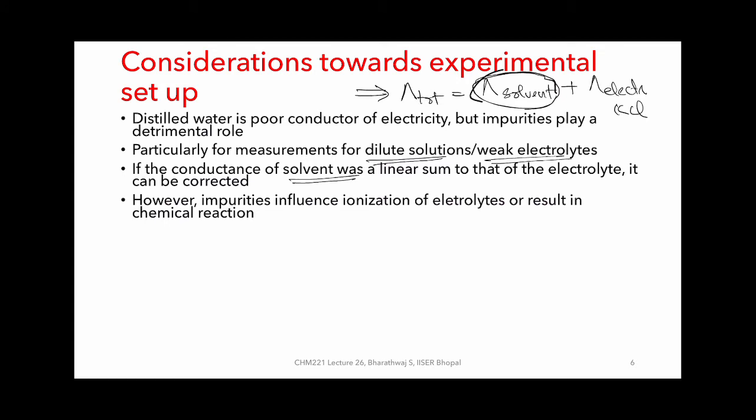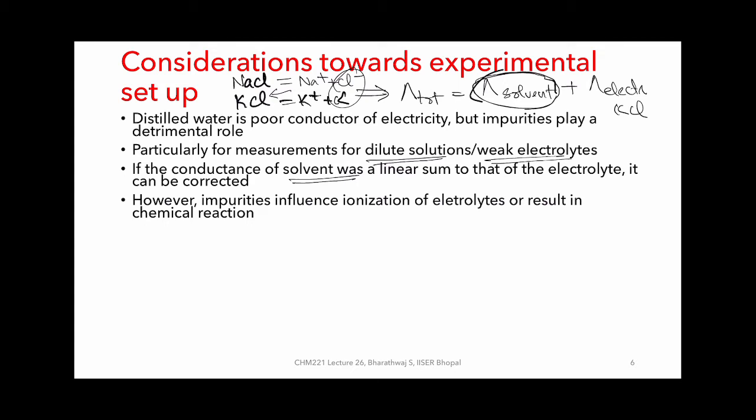However, this is not always the case. Sometimes the impurities might start influencing the ionization of the electrolytes. So for instance, just as an example, let's say there is an impurity of NaCl, which is going to be present as Na plus and Cl minus ions. And if you're trying to do your measurements with KCl, which will also dissociate as K plus and Cl minus, the problem that will come up here is the common ion effect, which means that if you have the same ion present, it's going to favor the backward reaction, in which case KCl is not going to be completely dissociated.